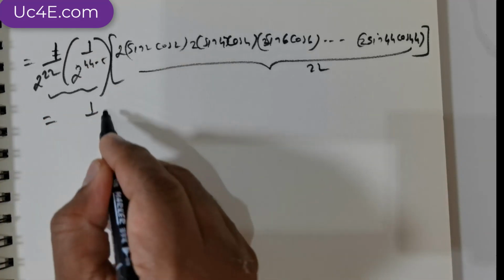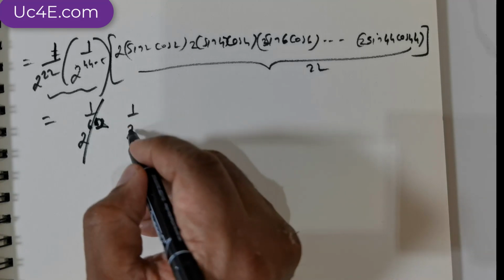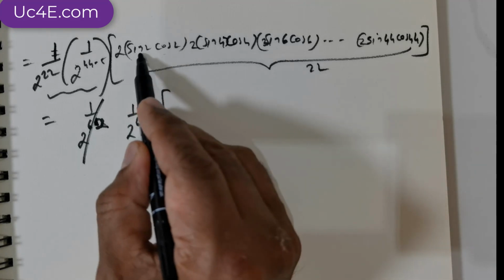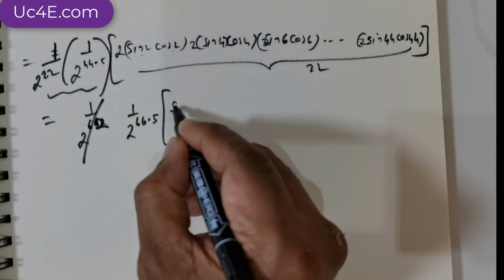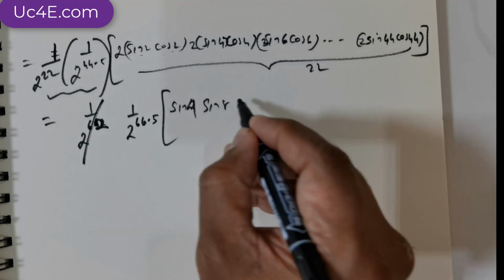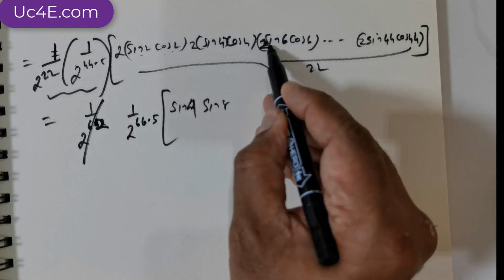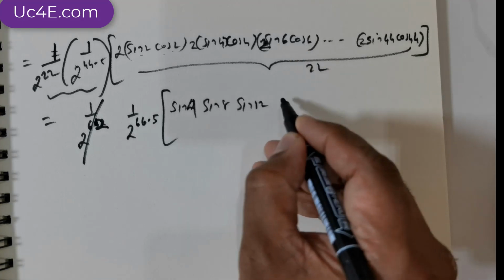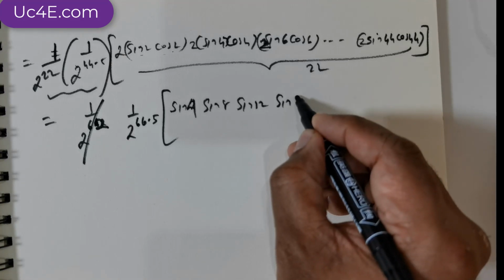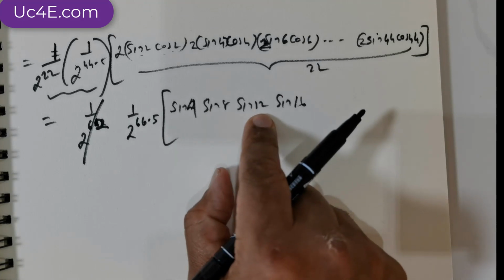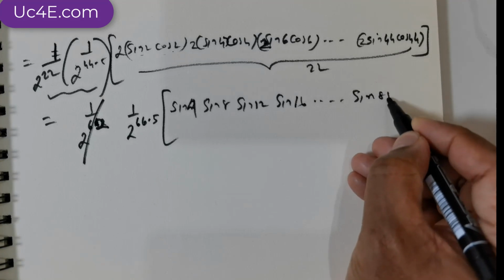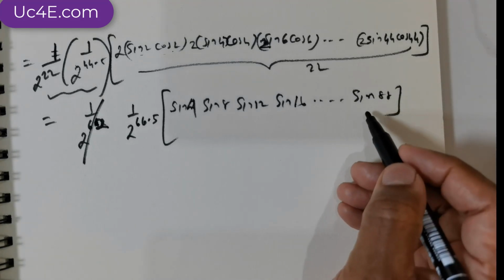This can be rewritten as 1 over 2 raised to the power of 66.5 times 2 sine 2 cos 2, that's going to be sine 2 theta, so it's going to be sine 4, and this is going to be sine 8, sine 12, followed by sine 16, so 4, 4, 4, and this is going to be sine 88 finally.